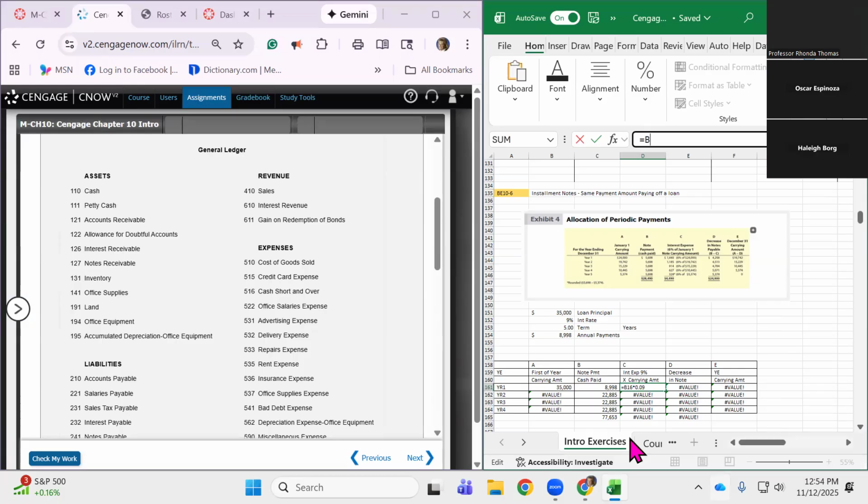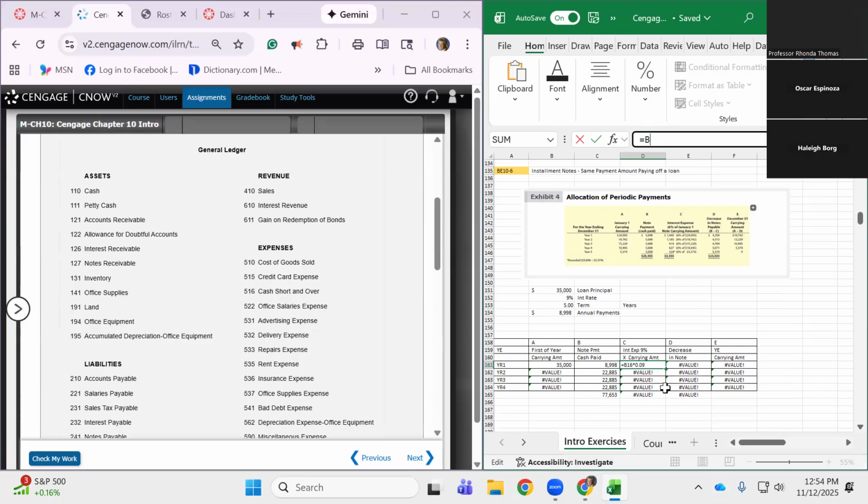Setting this up, what's going to happen here is you're going to take the interest rate of 9% equals the amount here times 0.09. Enter. Okay, that's better. And then this is supposed to get subtracted.